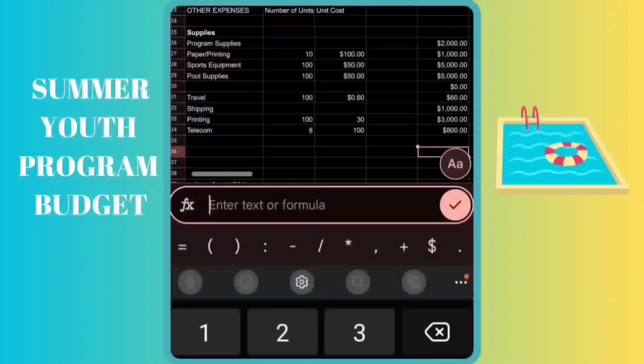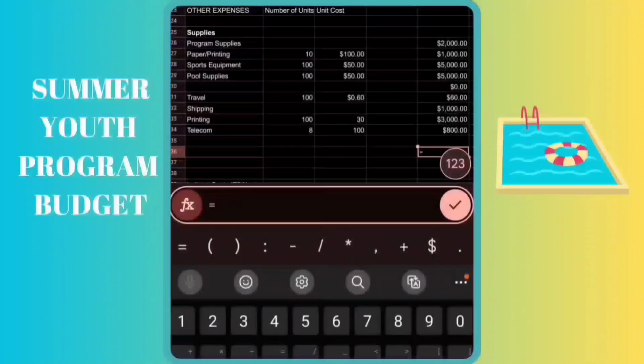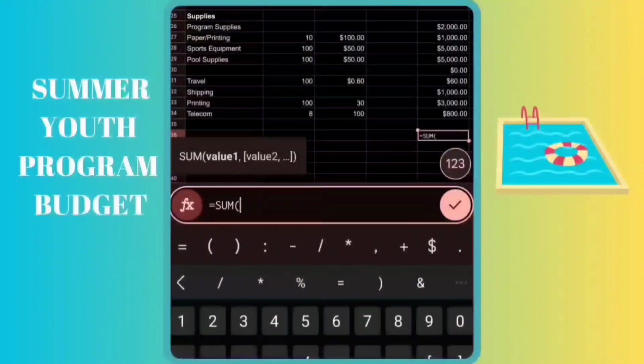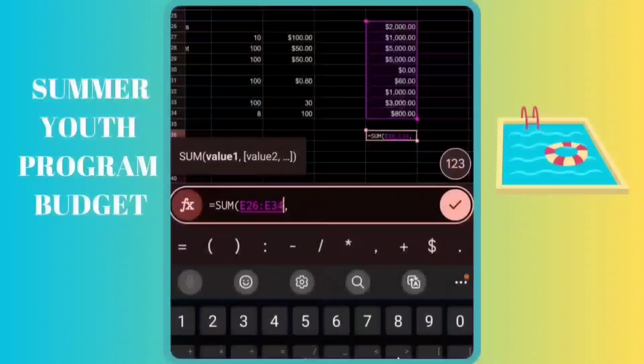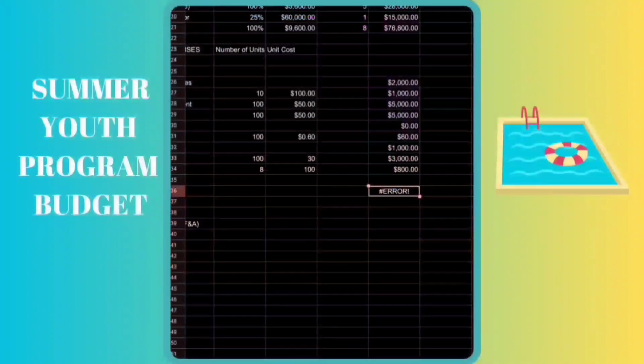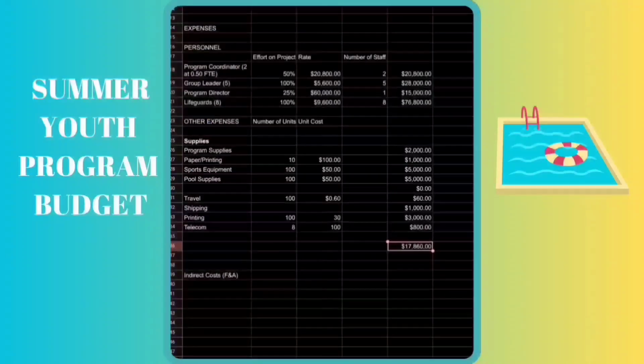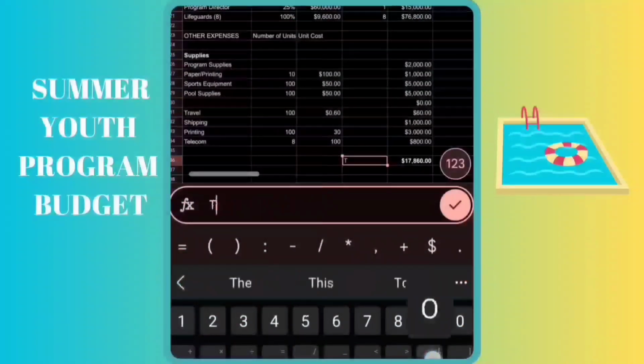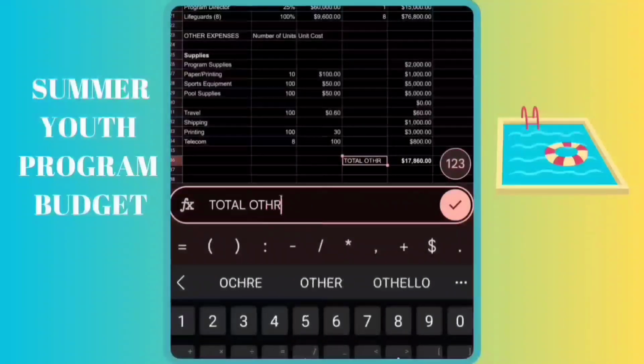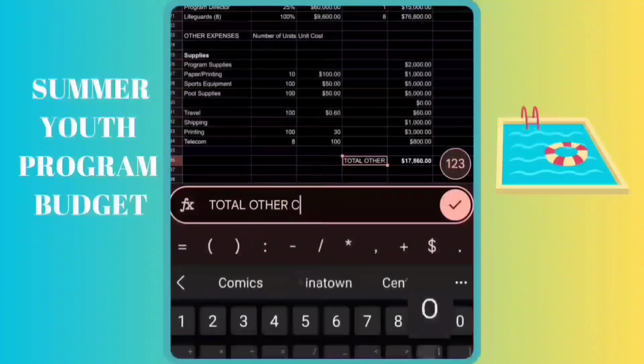So now we have some total expenses, and we're going to do a sum of this column to get the total number of other expenses. So we did that formula. And I'm just going to be labeling this as total other costs.